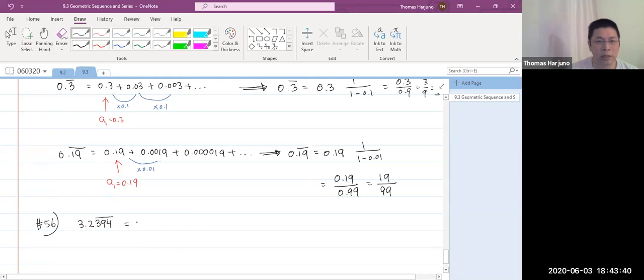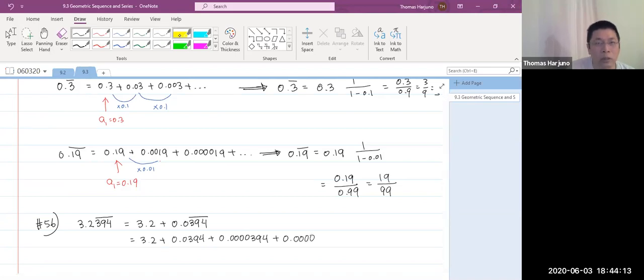This can be seen as 3.2 plus 0.0394 plus 0.0000394 plus, and so on.